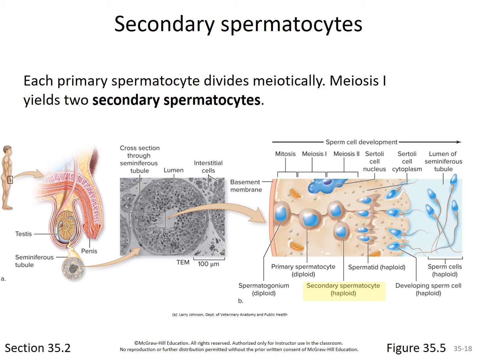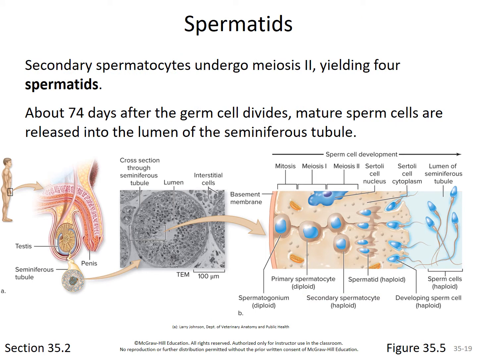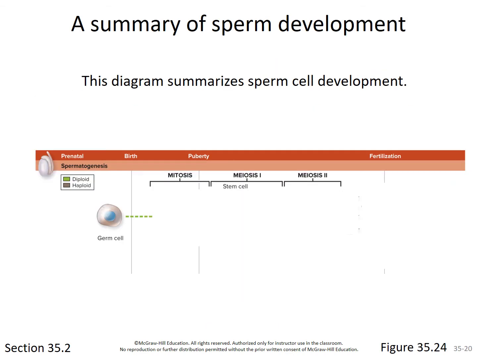So now, after this first round of meiosis, you're going to have two secondary spermatocytes that are genetically different from the primary spermatocyte. And the other thing is, they're only going to contain half the number of chromosomes. The next thing that happens is that the secondary spermatocytes undergo meiosis too, and it yields 4 spermatids. And about 74 days after the original division, you'll have mature sperm cells getting released into the lumen, or the opening, of the seminiferous tubule.